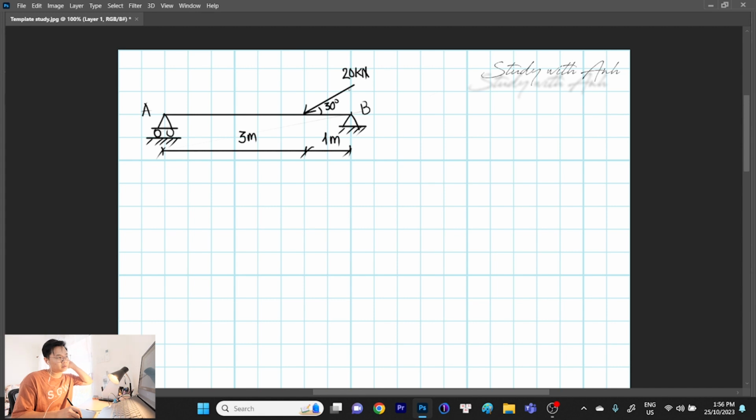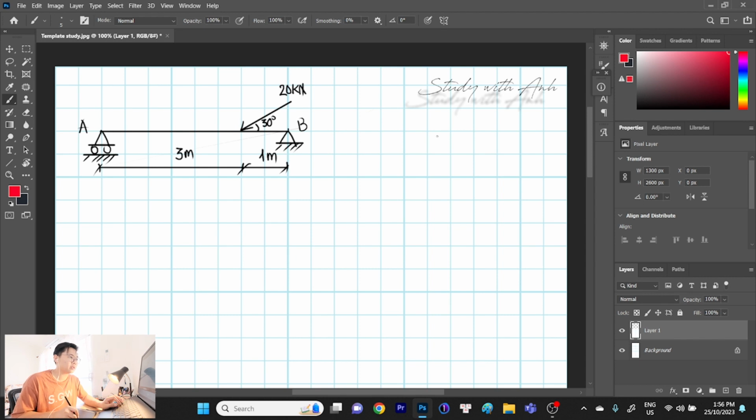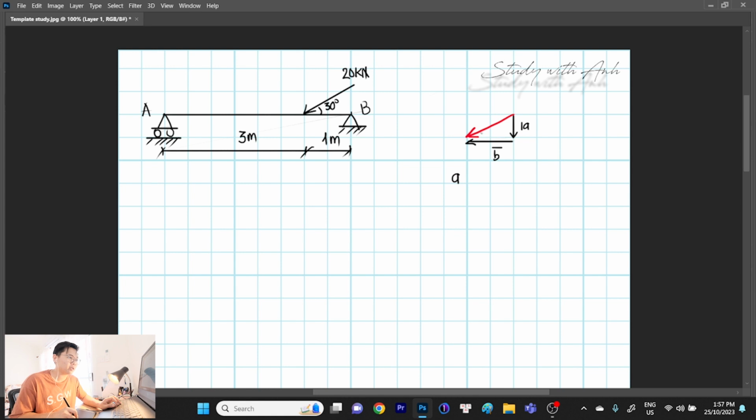Okay, so how do we deal with that angle? If you study math, you will know about vectors. This load can be resolved into a vertical load and a horizontal load. Let's call this one A and this one B, with the 30 degree angle and 20 kilonewton. So A equals 20 kilonewton multiplied by sin of 30.